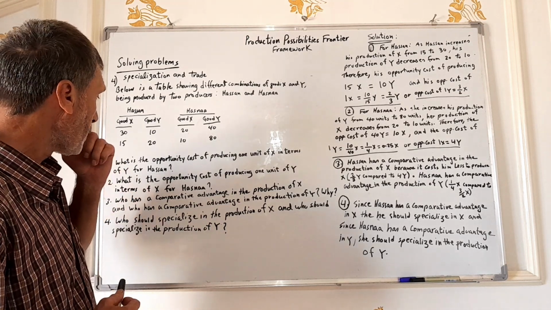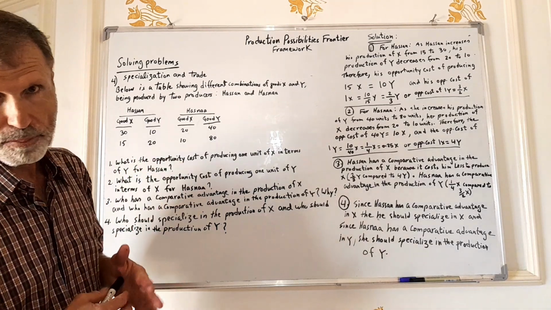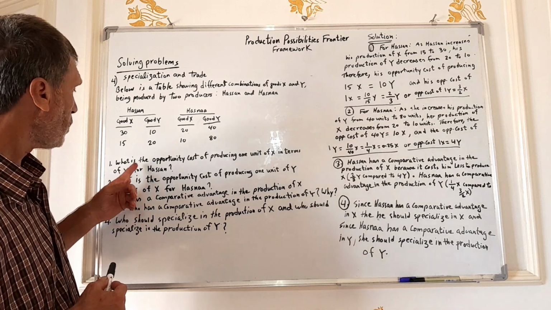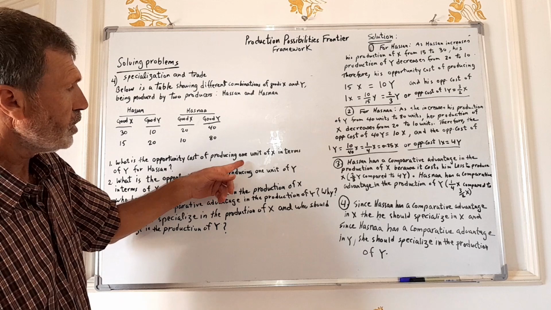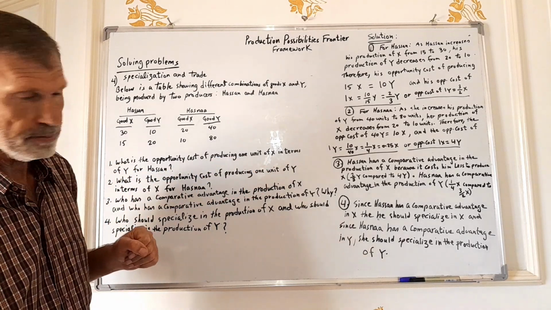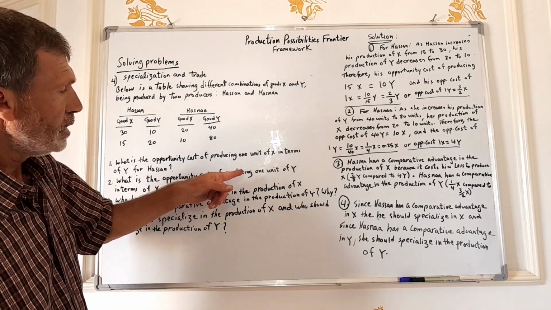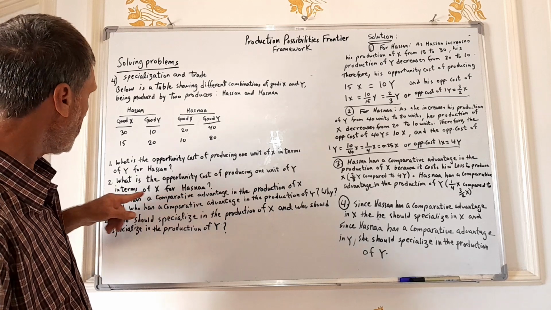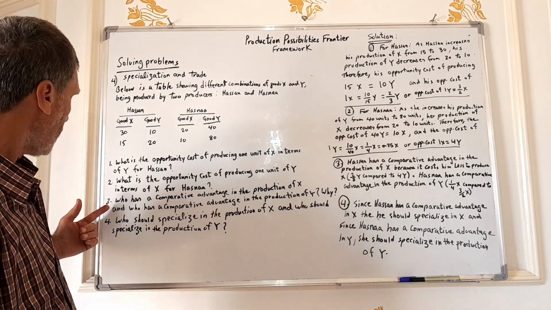Now, of course, we have some questions concerning this problem. The first question says, what is the opportunity cost of production of 1 unit of X in terms of Y for Hassan? 2. What is the opportunity cost of producing 1 unit of Y in terms of X for Hasna? 3.